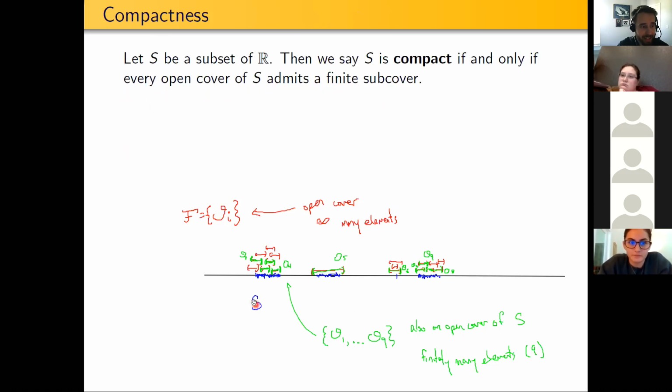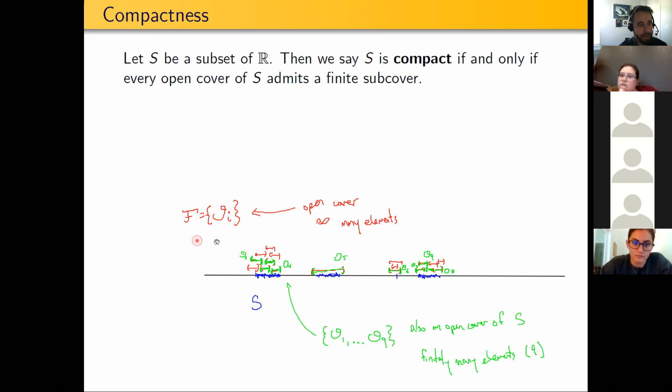So in this example here, here was my set S. I gave you a particular script F, a particular open cover. And we saw by inspection that this F admitted a finite subcover of 9 elements.